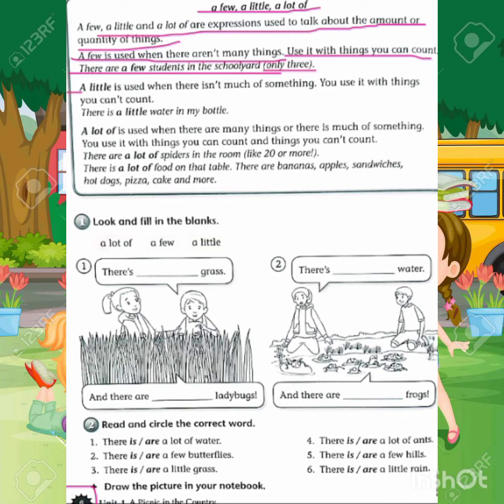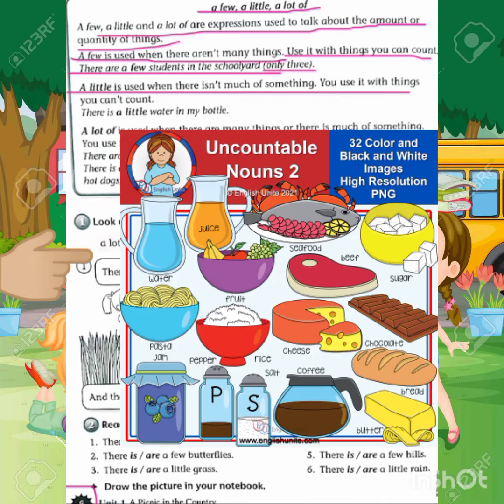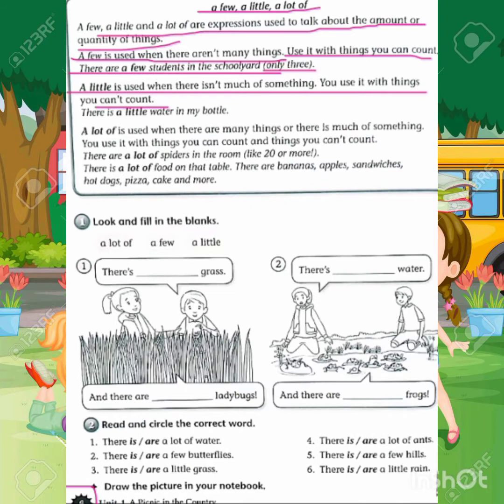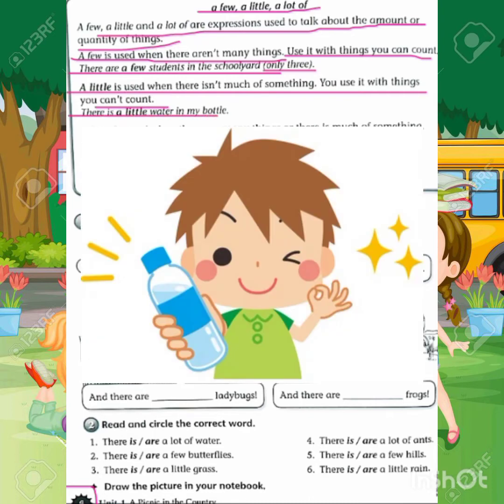Repeat. A little is used when there isn't much of something. You use it with things you can't count. Here you have an example. There is a little water in my bottle.